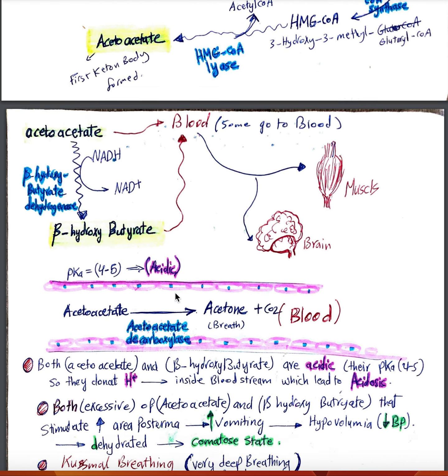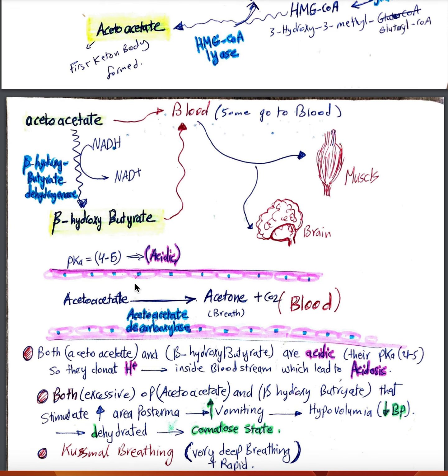which is acidic. And here we have acetoacetate, also by the acetoacetate dehydrogenase enzyme, that leads to the formation of acetone and CO2, and all of that happens in the blood, and acetone is the third ketone body. So now we know the 3 ketone bodies: acetoacetate, beta hydroxybutyrate, and acetone.